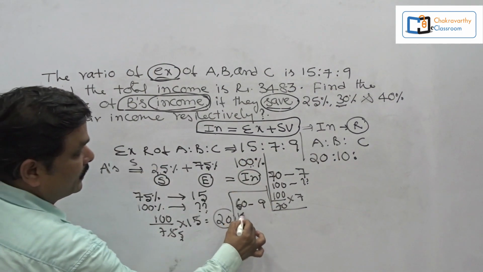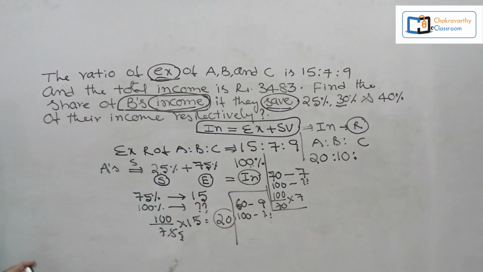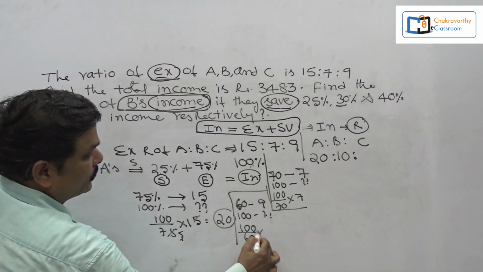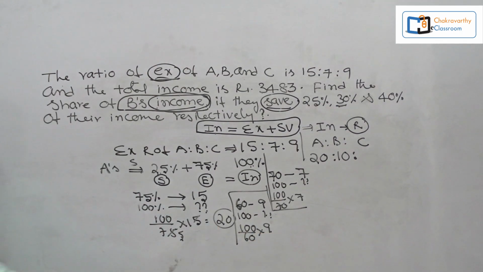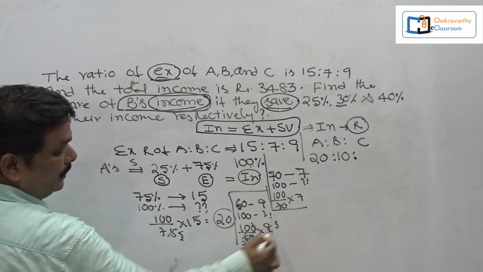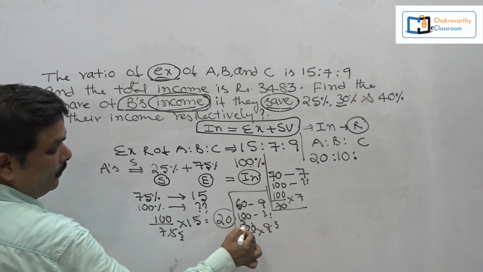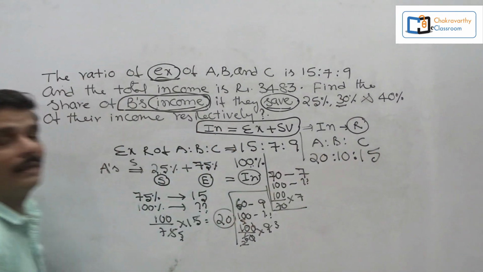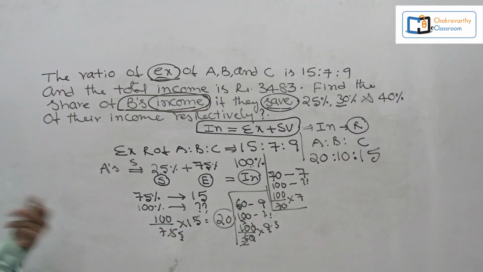Then 100 is equal to how many parts? Directly you can put 100 by 60 into 9. Now take out this 0, then 3 2s are 6, 3 3s are 9, then it is 2 5s, 5 3s are 15. Now this is 15. Done. Your problem is over now.